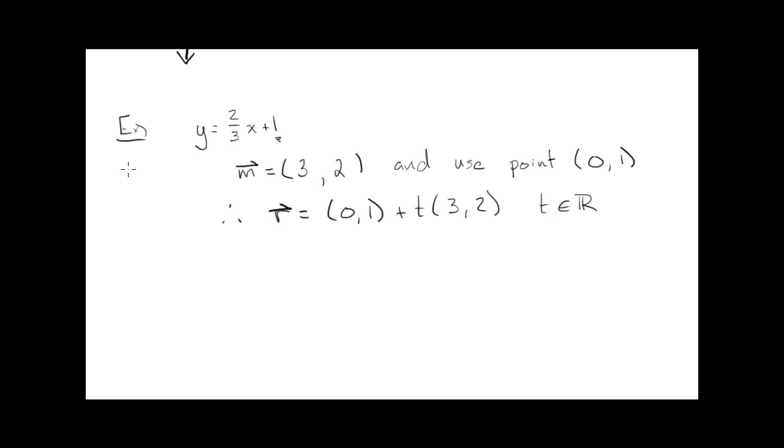So this was the vector equation right here. Well, what if we wanted the Cartesian, or what we used to call the standard form, now we're going to call the Cartesian equation.